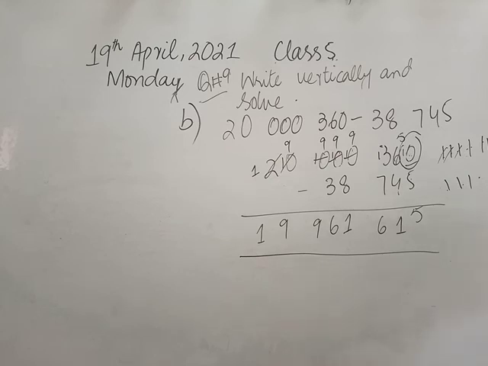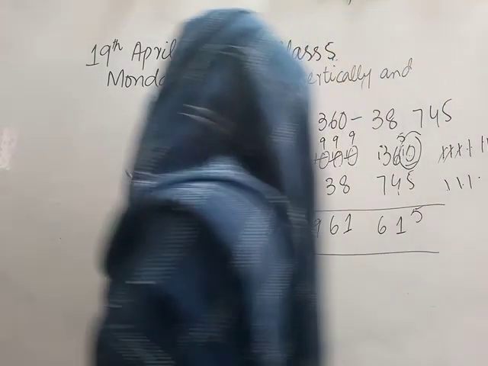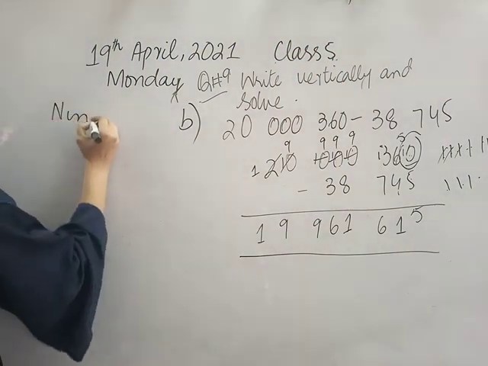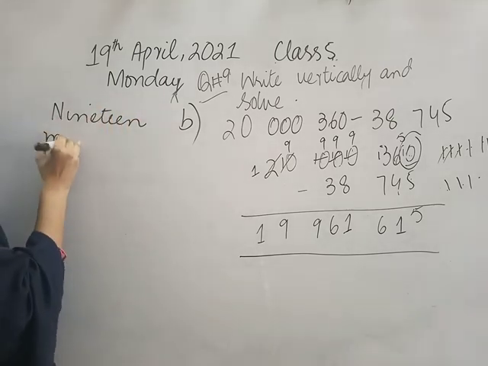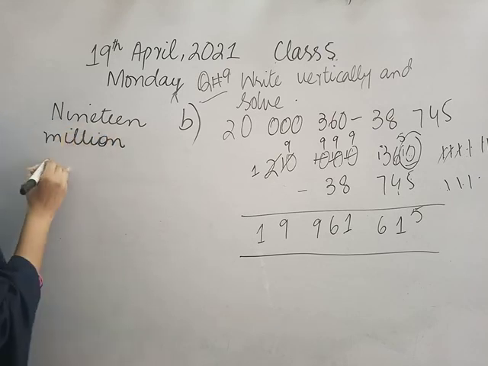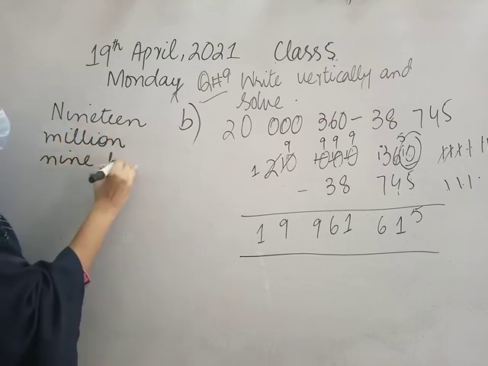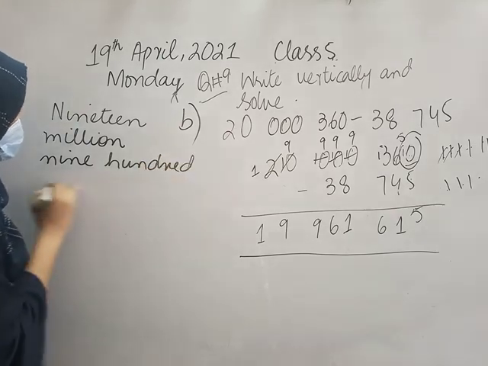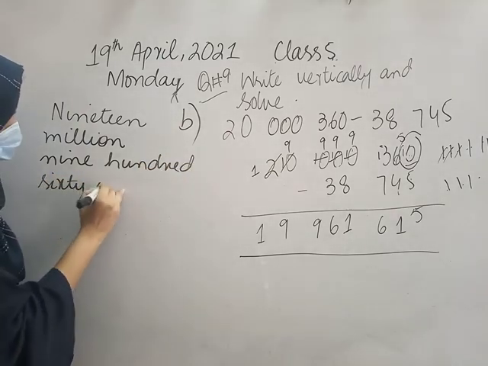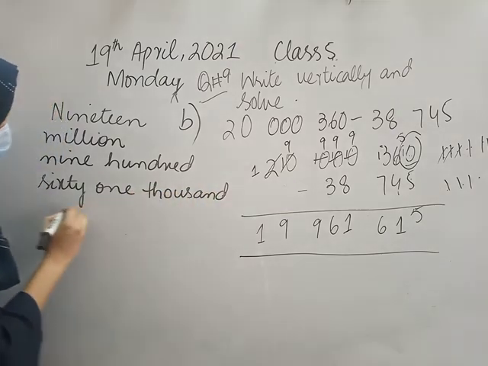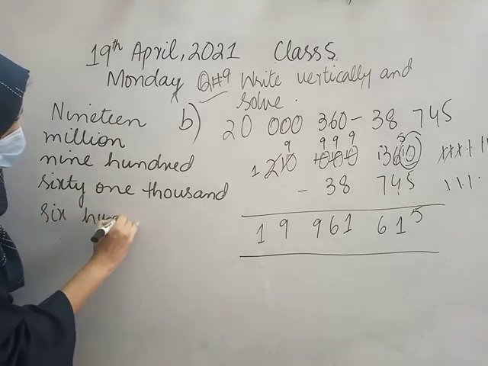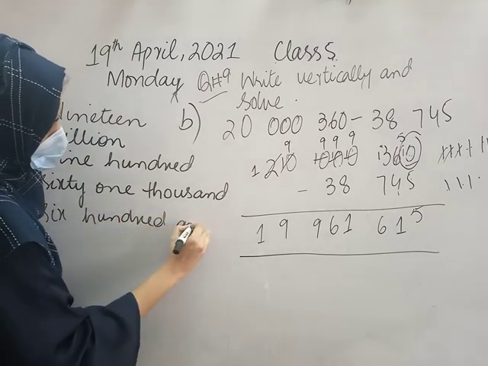So in total I have, class, 19 space 961 space 615. Now I am going to read this as 19 million 961,615.